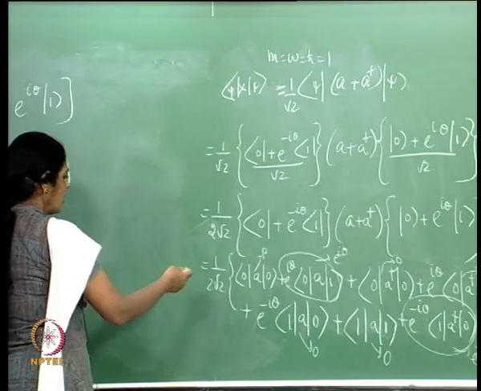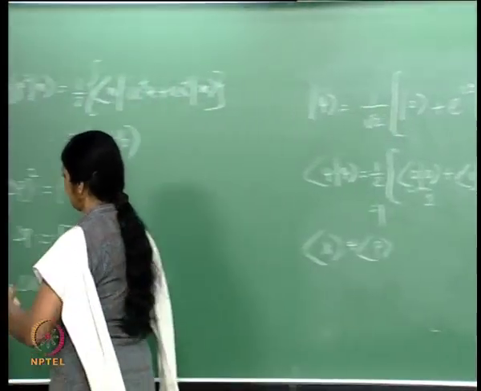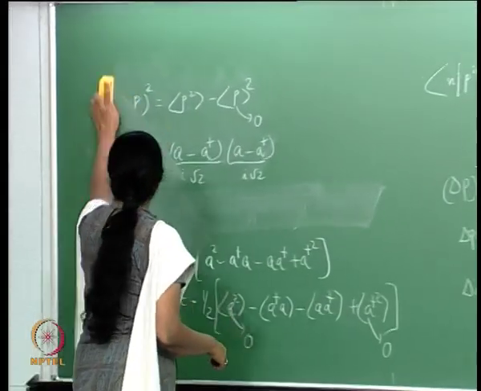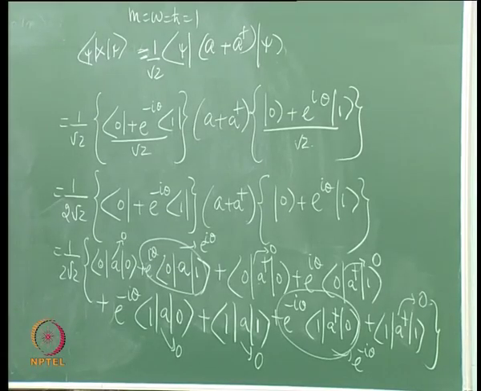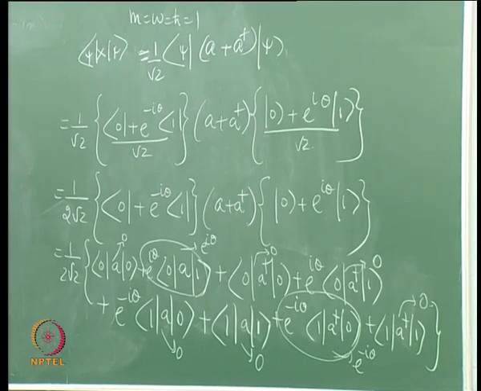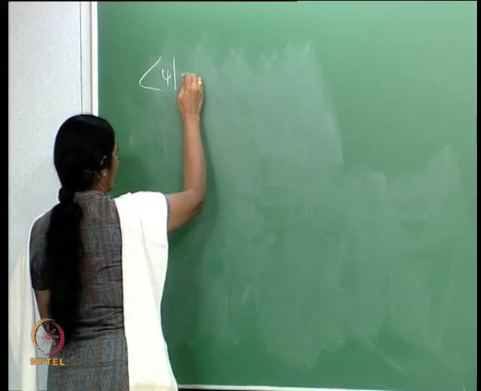So, I have <psi|x|psi>, where psi is the qubit that I have selected.